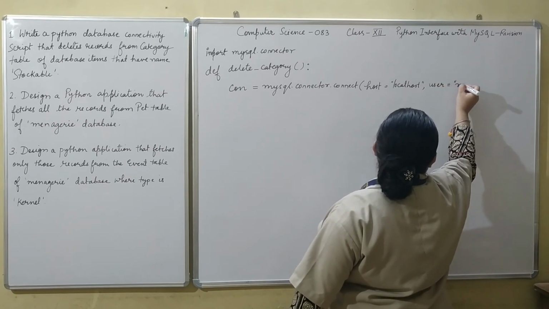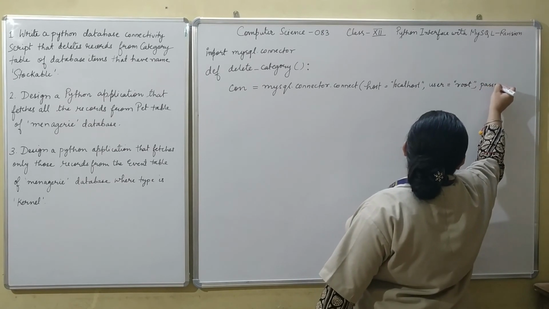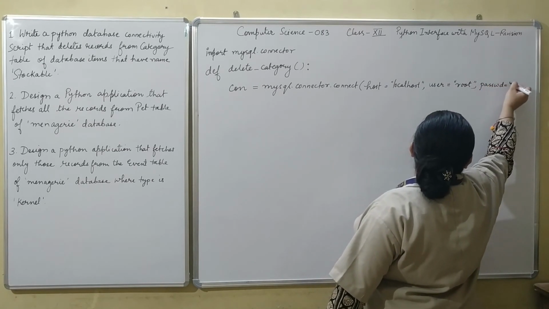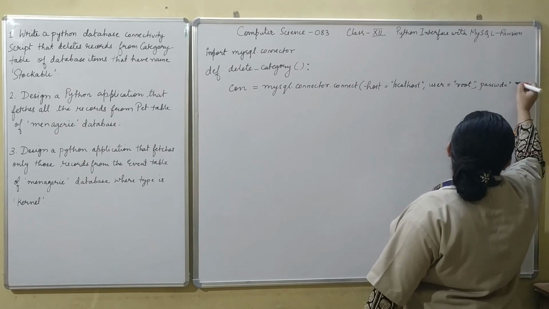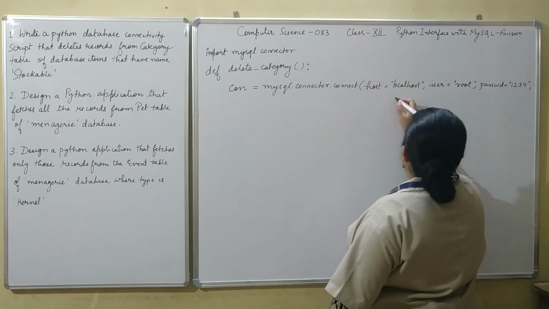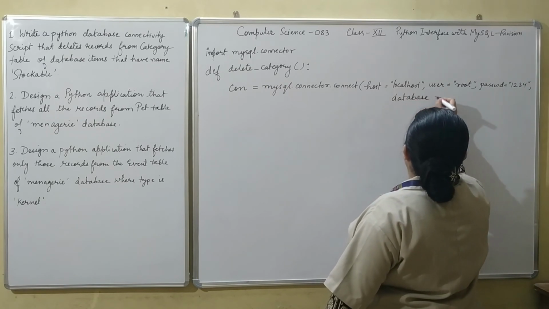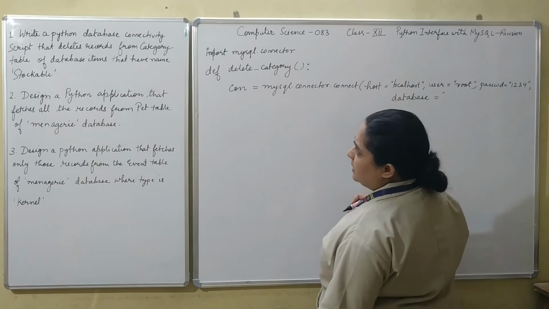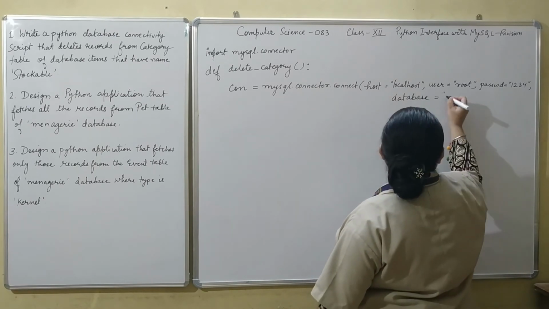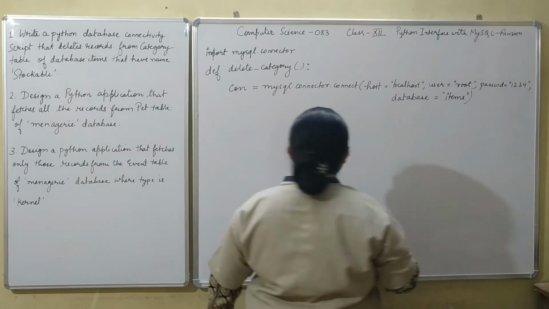User, normally our user is root. Password, we'll provide our password. The password on my PC is 1234, and the database name. Over here the database name is items. So that's it.